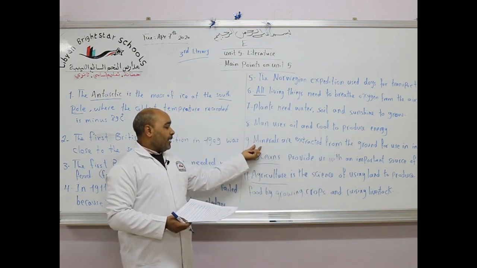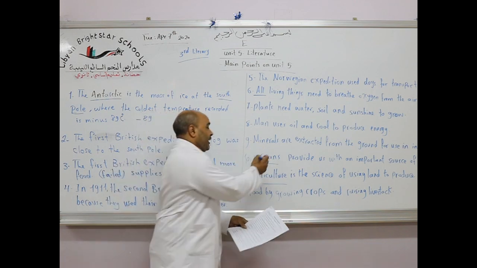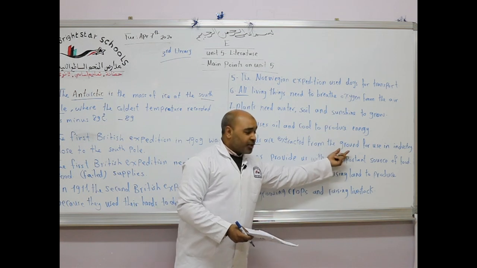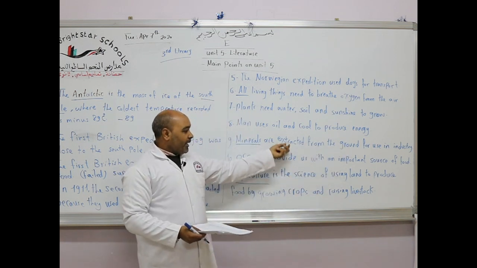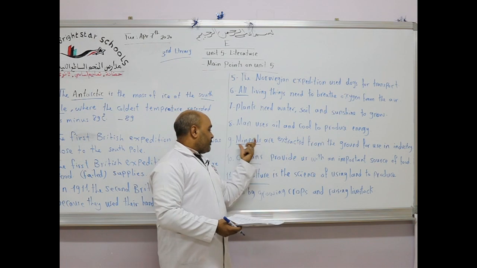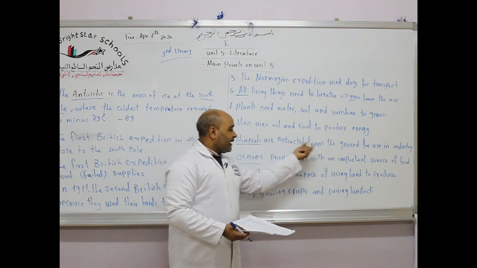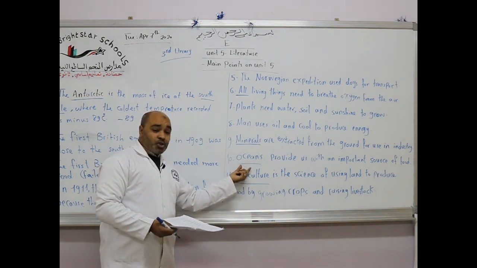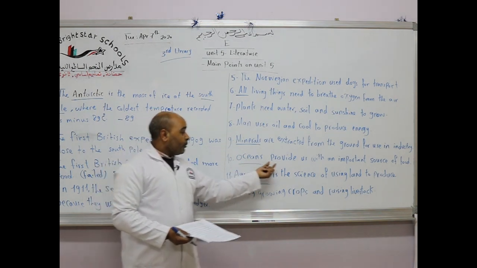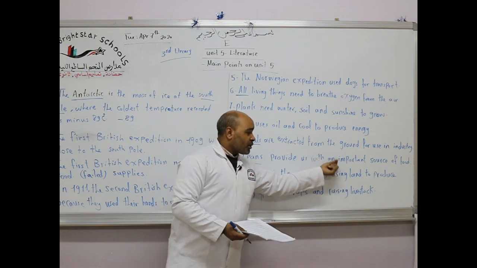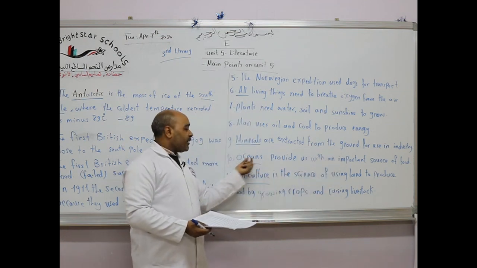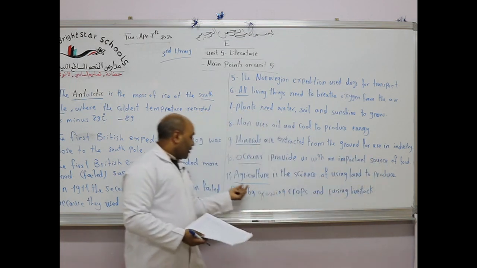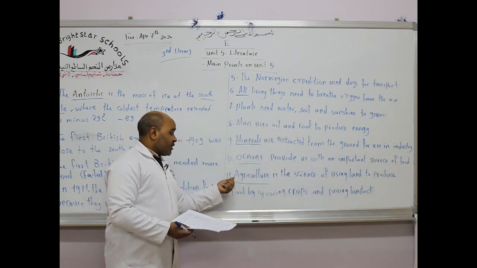This is very important, it comes in the exam: minerals are extracted from the ground for use in industry. The last, number 10, oceans provide us with an important source of food. 11, as I said, it's important.